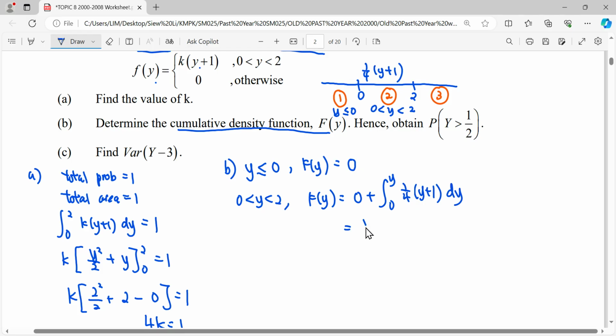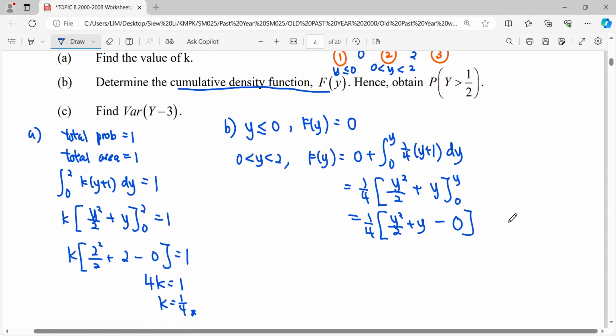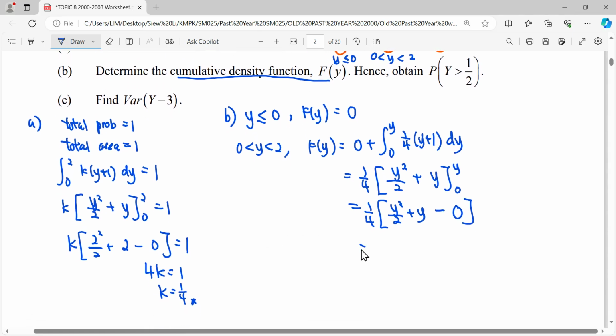To integrate this, 1 over 4 factorize out, then power plus 1 over new power, integrate 1 becomes y. So substitute your upper limit y minus lower limit 0, so 0 over 2 is 0, plus 0. Simplify this function, and here it will be y squared over 8 plus y over 4.